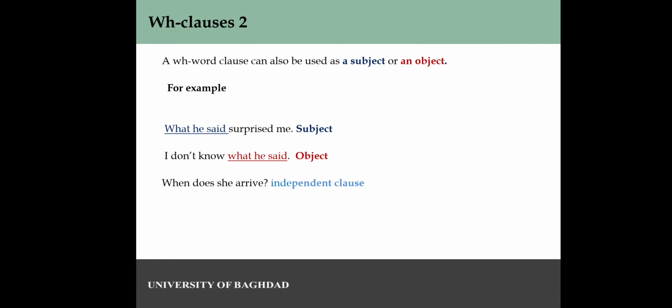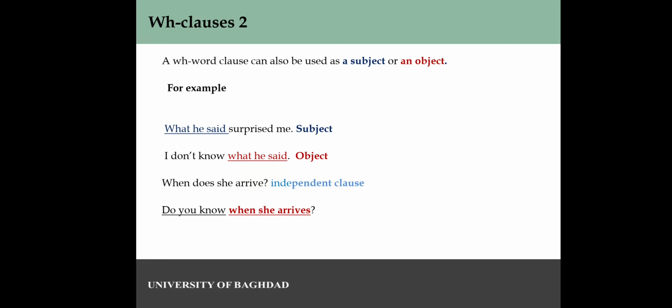So let's have a look at this sentence. When does she arrive? When does she arrive is an independent clause. Why? We have the auxiliary does before the subject she. So in order to change it into a dependent clause, we need a sentence like this. For example, you know when she arrives. So when she arrives here is a dependent clause.